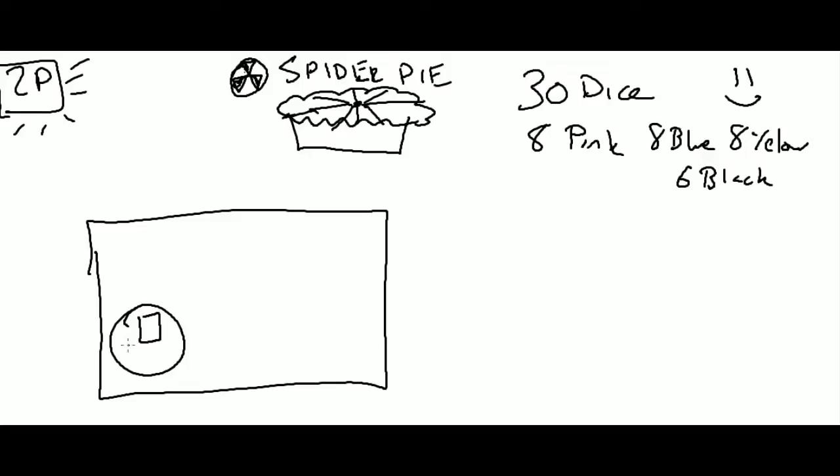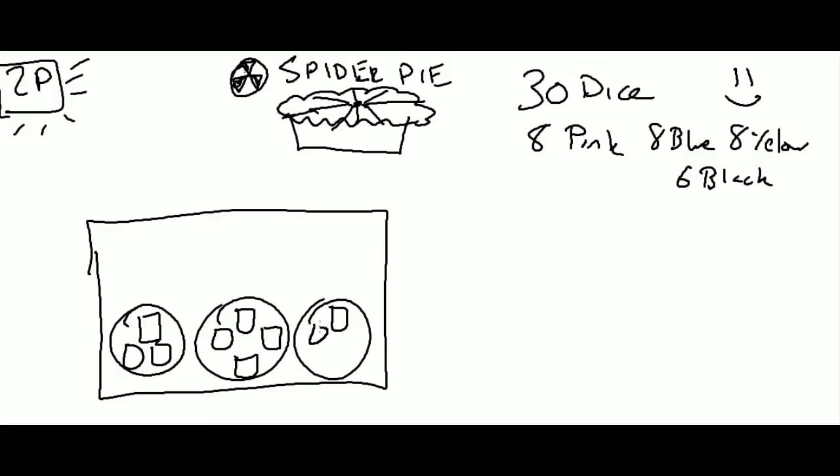You can make a pie with 3 dice. You can make a pie with 4 dice. These boxes are spaces for dice. Or you can make a pie with 5 dice, which is almost too much pie. More pie than we can handle. Yes. These are pies.